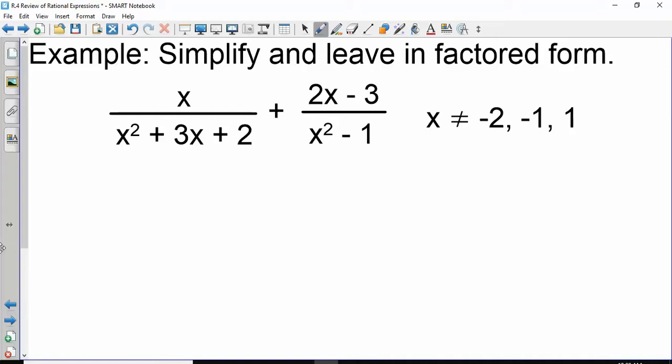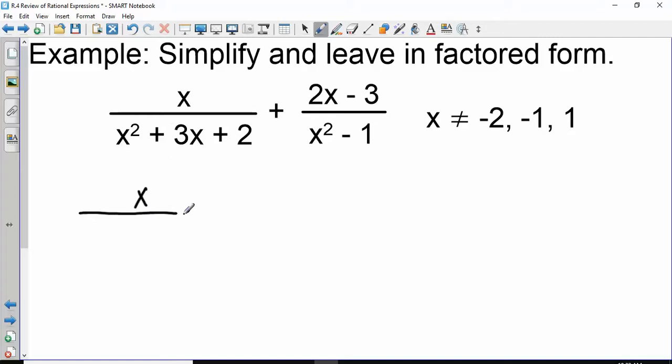So I don't necessarily want to multiply by an x squared minus 1 and the x squared plus 3x plus 2. Remember when we were multiplying and dividing? Sometimes we factored things first to make our problem a lot easier. Let's start there. So sometimes on this, you might want to factor your denominators before you get the common denominator.